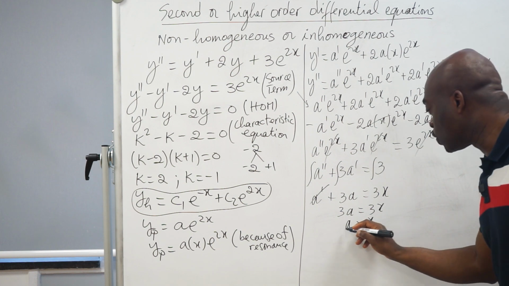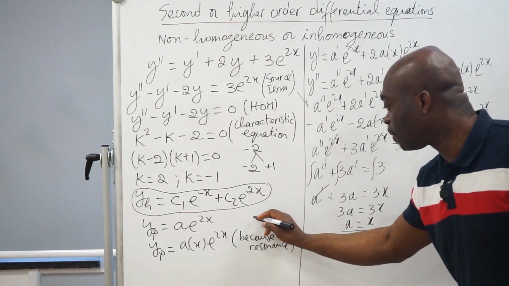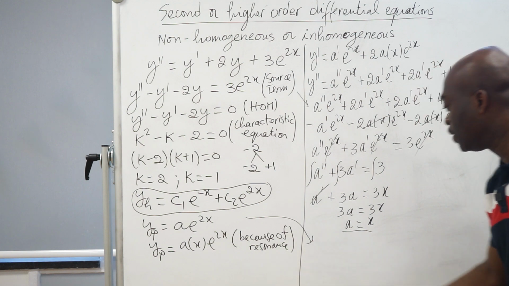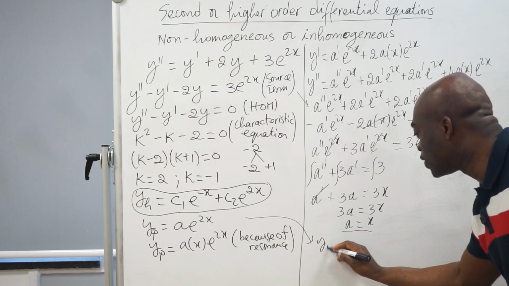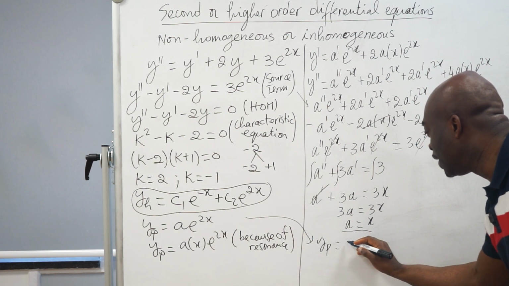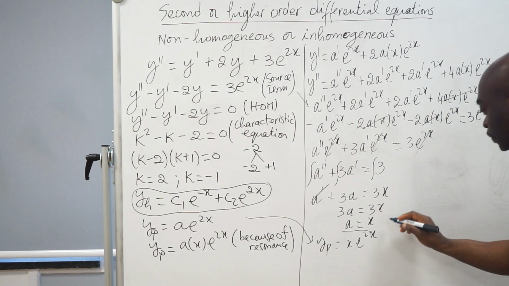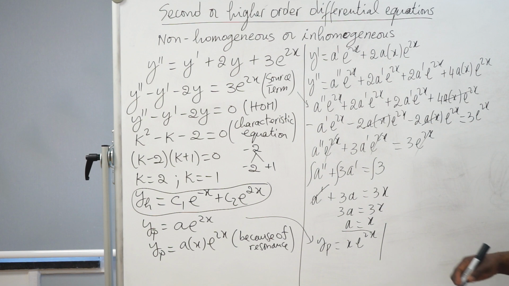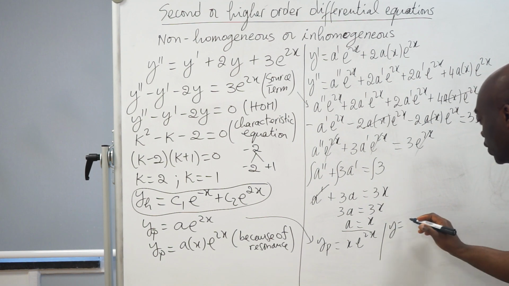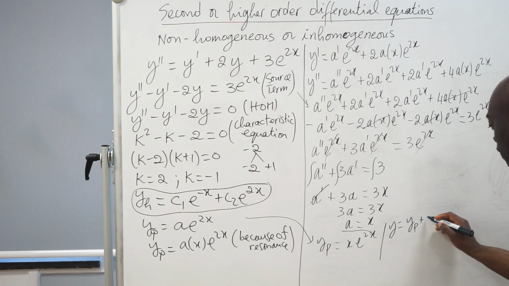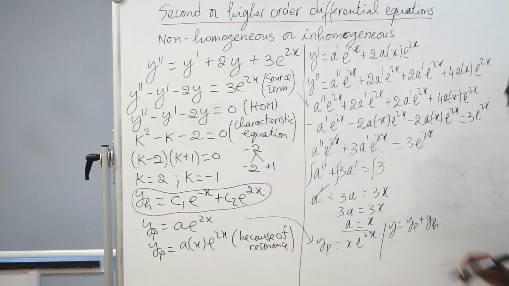So if a equals x, what is our y sub p? y sub p is equal to x exponential 2x. What does that mean? That means our final solution y is equal to y sub p plus y sub h.